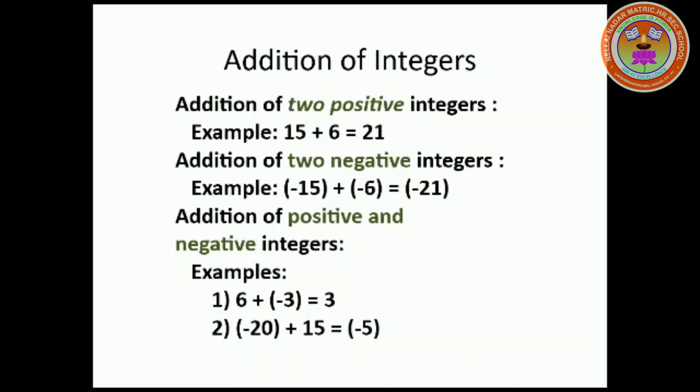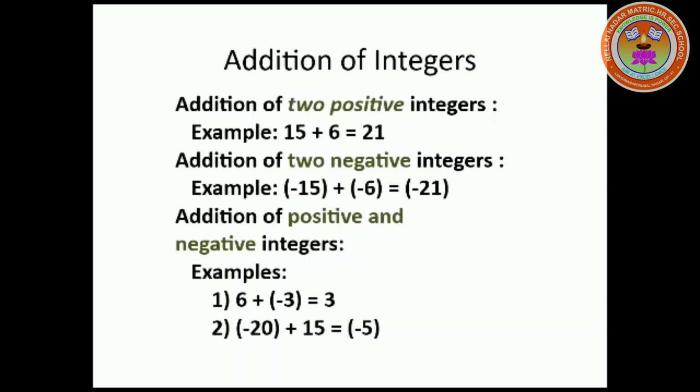Next, moving on to addition of positive and negative integers. Now we are going to involve one positive number and one negative number. Examples, first sum 6 plus (-3) within the bracket. 6 is positive and 3 is negative. When one is positive and the other is negative, we have to subtract the numbers and consider the symbol of the greatest number.